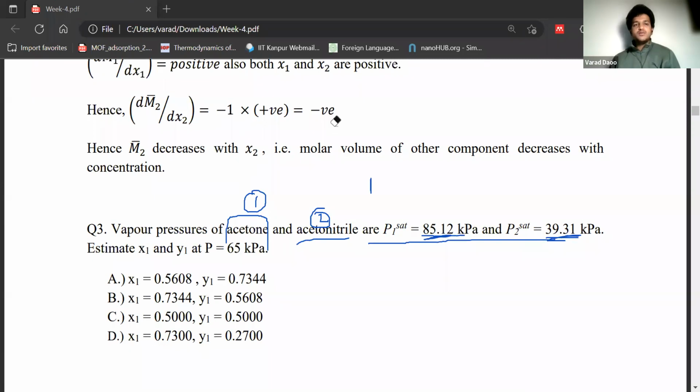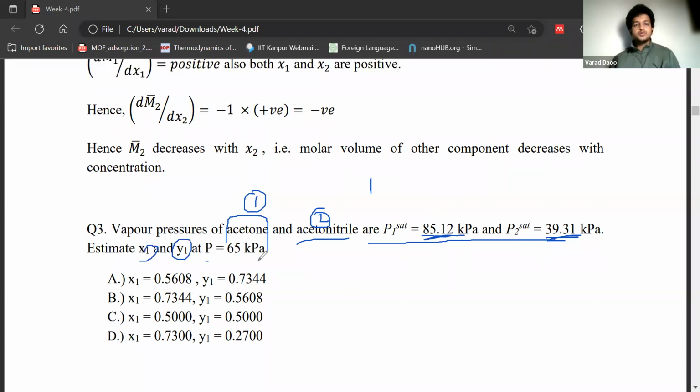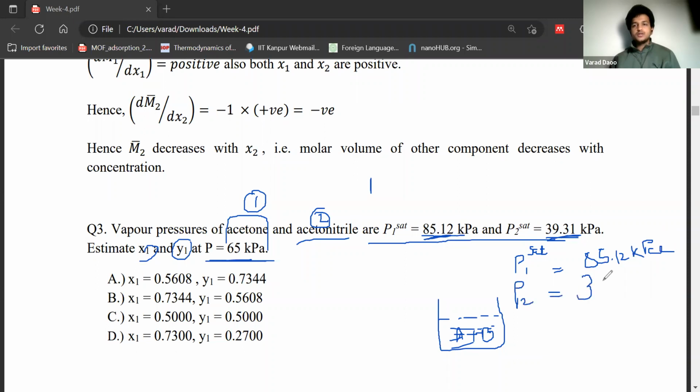So with this information given, what we are asked to find is to estimate x1 and y1 at the total pressure. Basically, we have a container having components A and B, where A is acetone and B is acetonitrile, and we are given the saturation pressure of component 1 as 85.12 kPa, and the saturation pressure of the second component is 39.31.